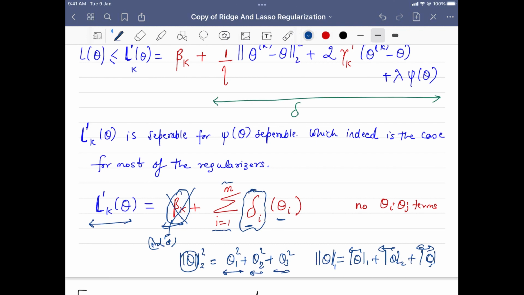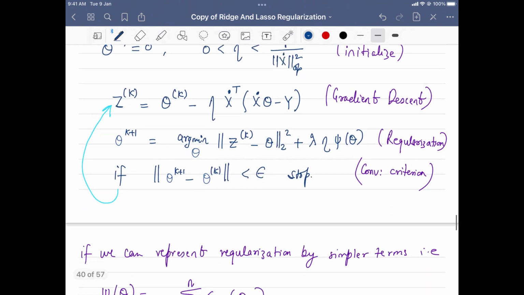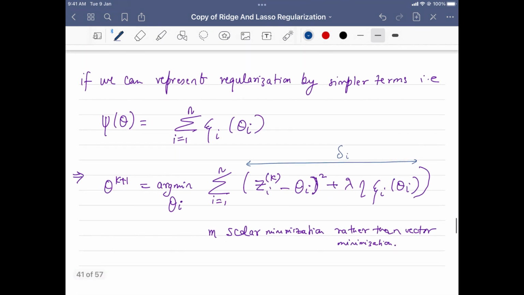So delta i is nothing but this expression. If you see, I am writing delta i as this expression. So what is this expression? It is z i minus theta i, whole square, plus lambda times eta times xi i of theta i, where z i and theta i are running from 1 to n.